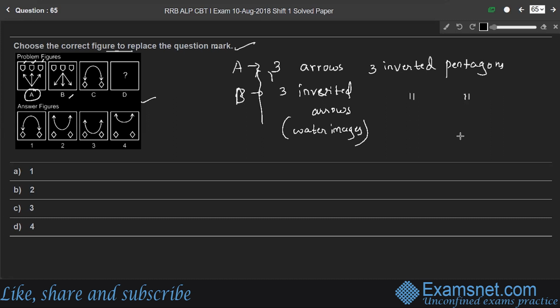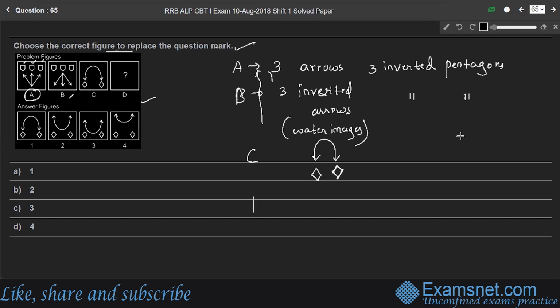Similarly, figure C has an inverted U-shaped structure with two arrows, and at the end of the arrows we have two rhombus-like structures.